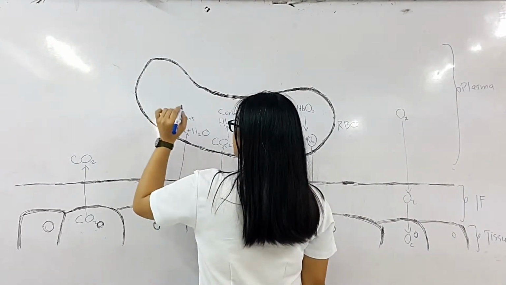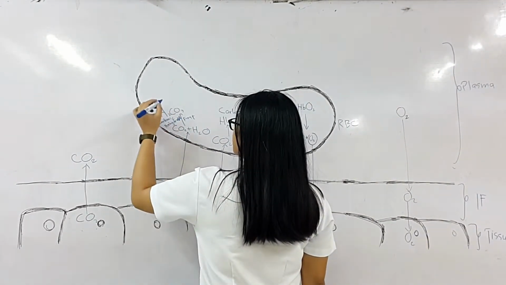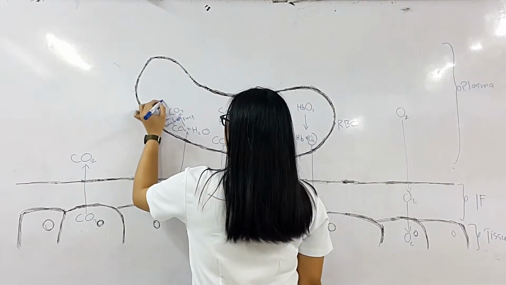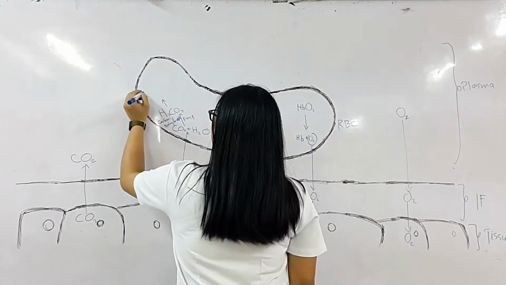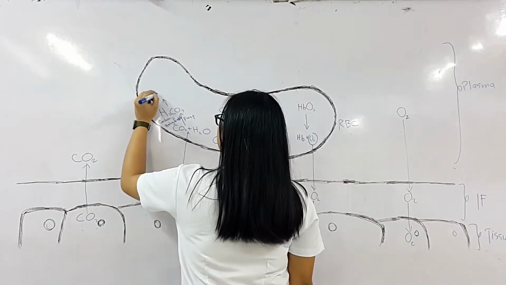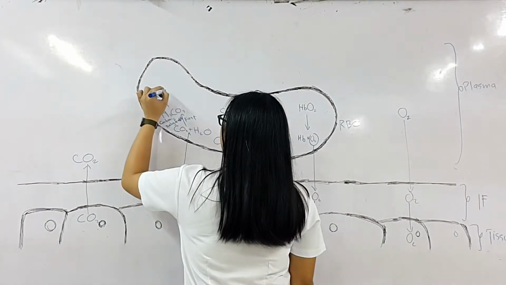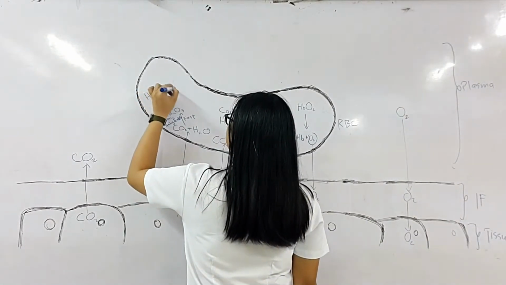Next, after the conversion of carbonic acid, it will form the bicarbonate and hydrogen ion.